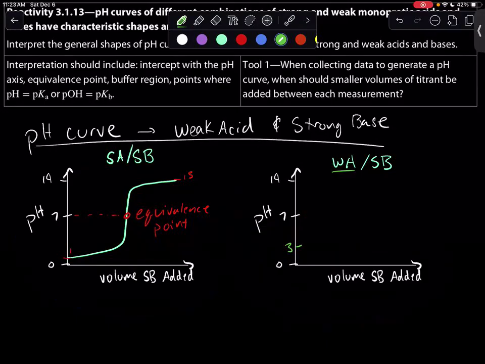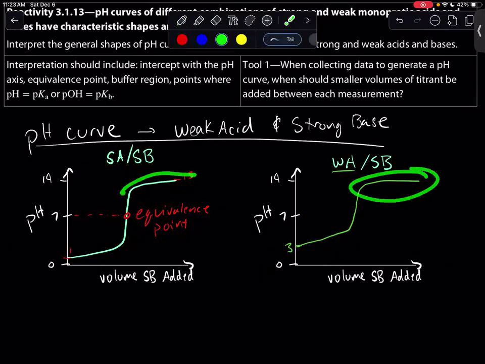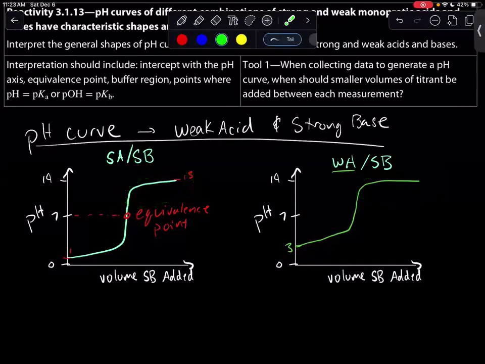Furthermore, it's not so flat. It's going to actually rise up a little. That might be a little too steep. Rise up, and then we hit our inflection point. And then the top half is going to resemble the same as the top half of our strong base. These are pretty equivalent. The first part, though, is a little different.